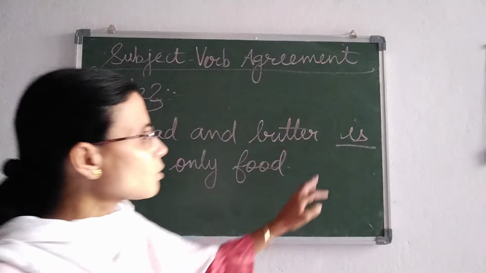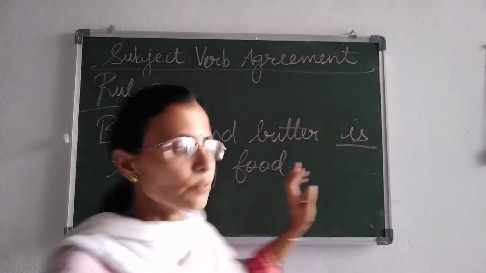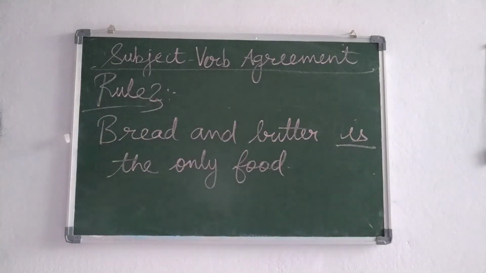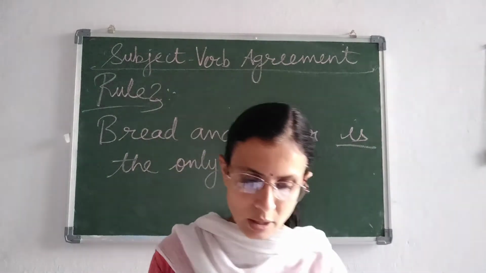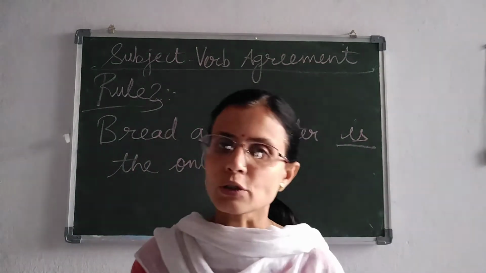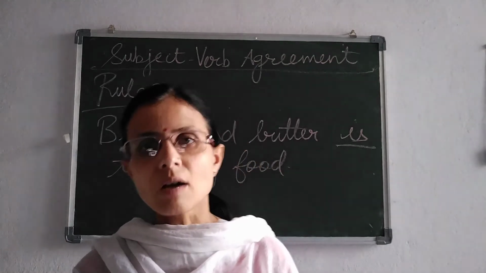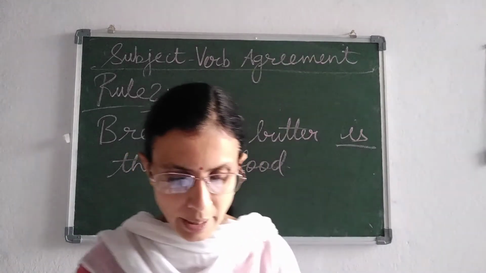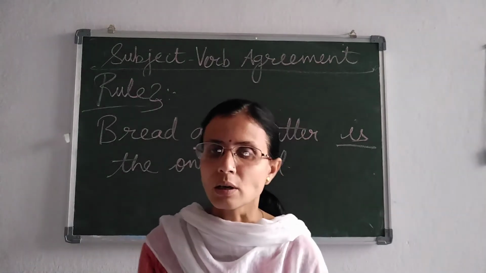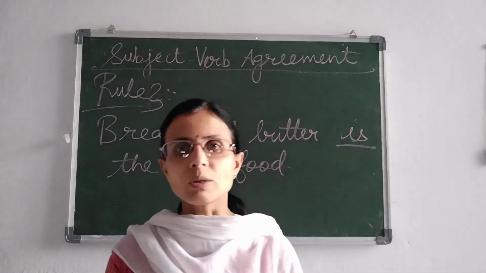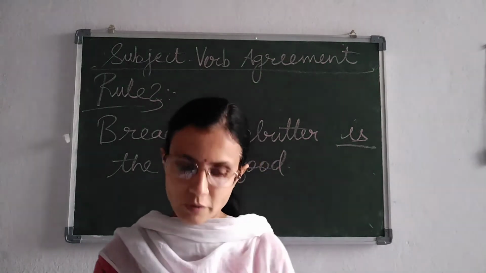Okay. So singular form of be is is. So bread and butter is the only food. So what does it mean? That if two singular nouns refer to the same thing, same idea or same person, then those two subjects are considered as singular and the verb used will also be in singular form.